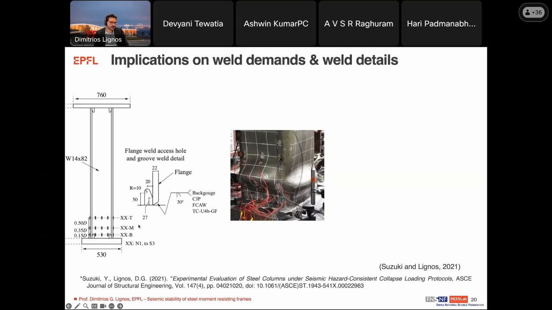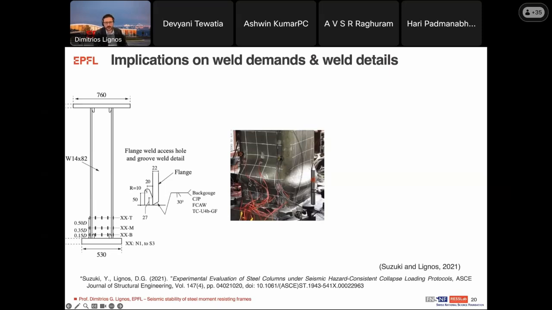In most of these cases, we used the complete joint penetration weld with the detail that you see here for one of the tests, including a weld access hole that minimizes residual deformations. But in the presence of the axial load, you see that the columns are damaged away from the weld region.